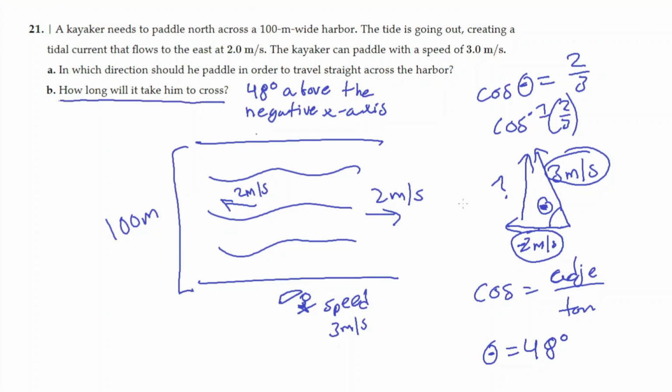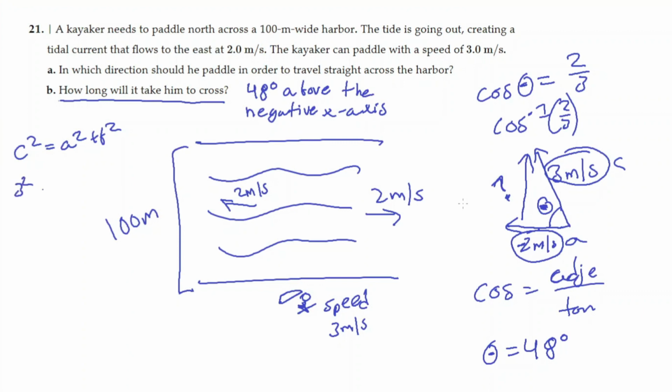So how long will it take him to cross? Now we need to find the y component of this. The y component is going to give us how fast he's moving in the y direction. So in order to do that, let's use the Pythagorean theorem. We know c squared is equal to a squared plus b squared. Let's say 2 meters per second is a, and 3 meters per second is the hypotenuse, c.